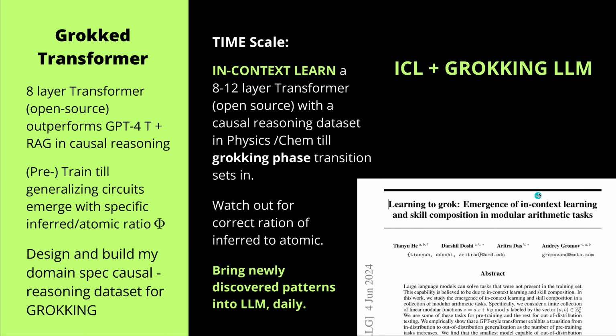And now the question is, if I provide in-context learning plus this 1 million plus token context length with so many examples, will the LLM fall out of its grokking phase?